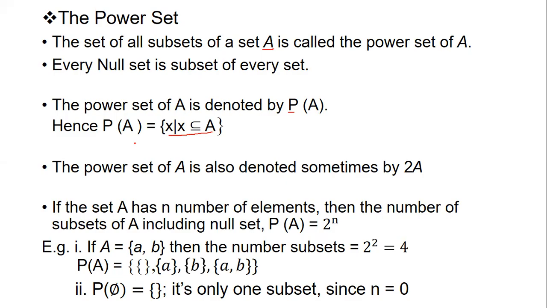Then also the null set or the empty set is a subset of every set. So it means for every power set, we have two constant members. You know them already. One is the empty set, you have to include it in the power set. Then the other one is the set itself.